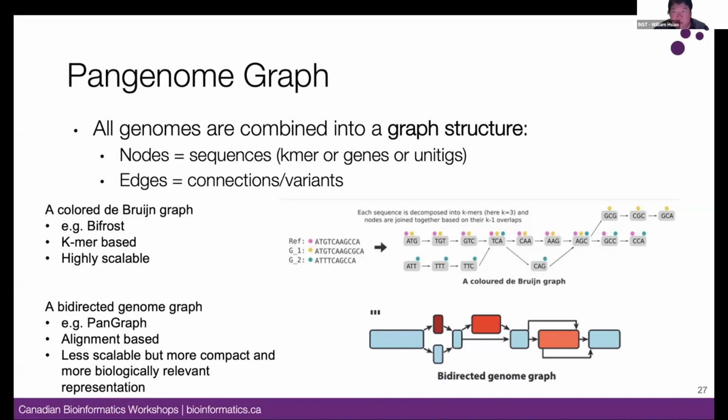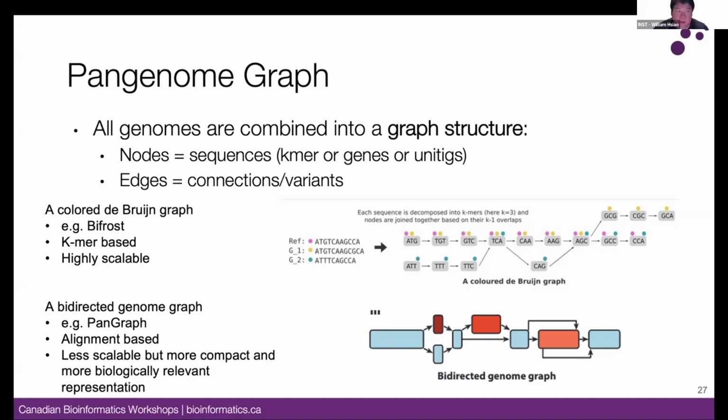And the edges, on the other hand, are just connecting these sequences. But some representations can actually use the edge to encode the variations. So you have to be careful: even though it's all a graph-based approach, the graph structure can actually be different depending on the algorithm.